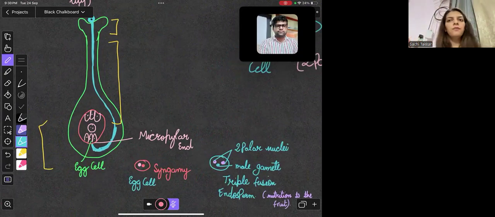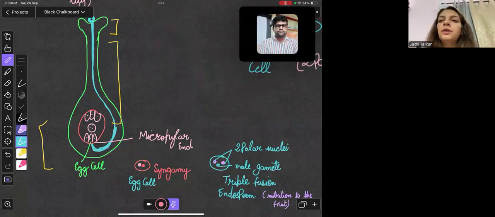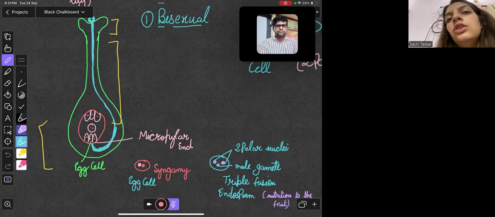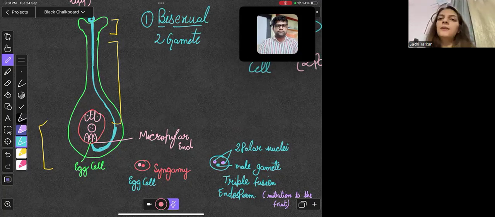So when we have both the male and female reproductive parts inside one particular flower, this is known as a bisexual flower. Bisexual means bi is two, sexual means two reproductive parts together inside one particular flower.